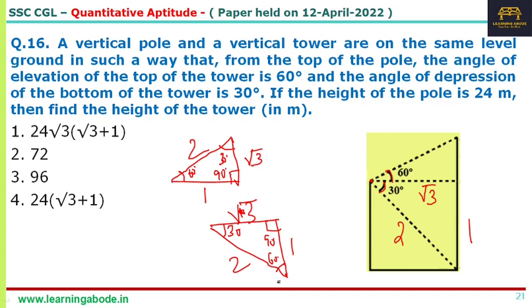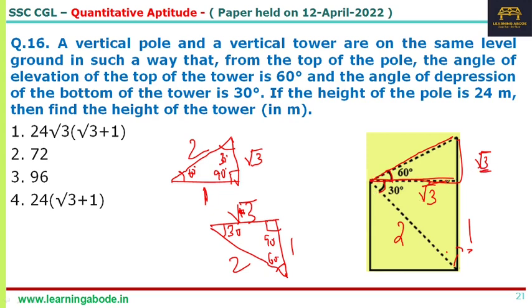Now if you take the triangle on the top, the base is 1 and this part is √3 and this is 2. Now if this is 1, then this is √3.